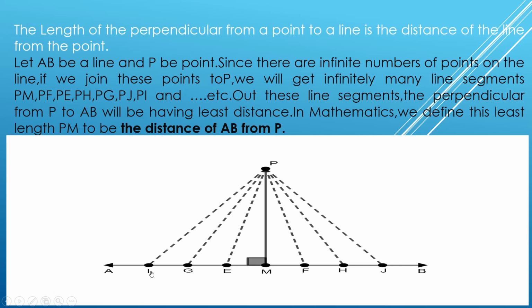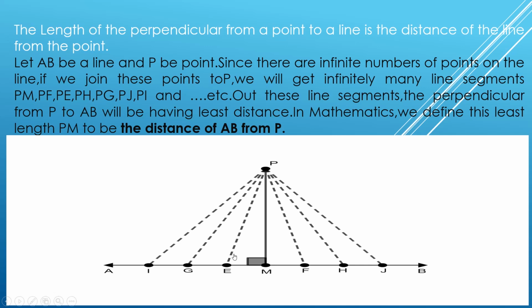Here we have considered some points as E, F, M, G, H, I and J, and some more points maybe. After considering these points, let us join the point P with these points with the help of line segments.